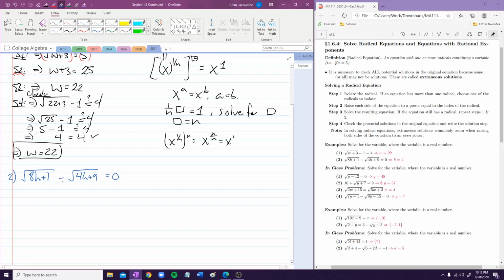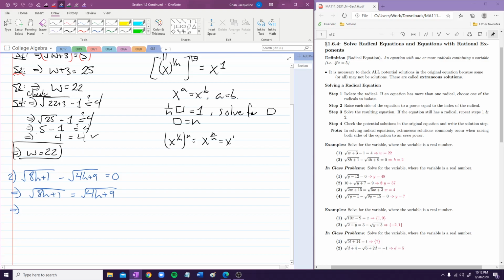In this case, we have 2 radicals. I'm going to isolate this one, because all I have to do is add the other one. When I add the square root of 4h plus 9 to both sides, we get this. Technically when we have 2 radicals and there's no constant, both of them end up getting isolated. So now we're going to raise each side of the equation.